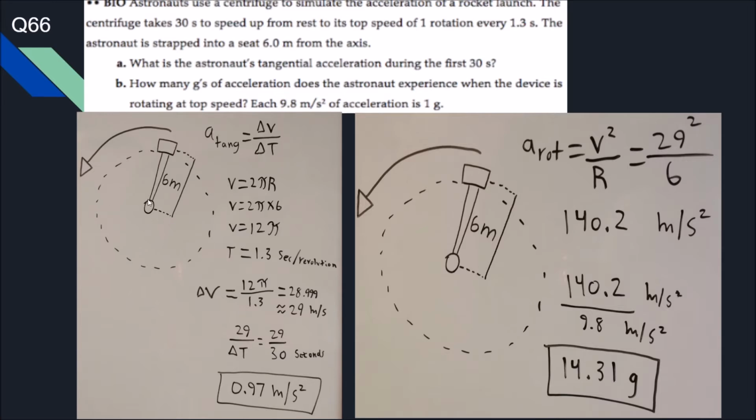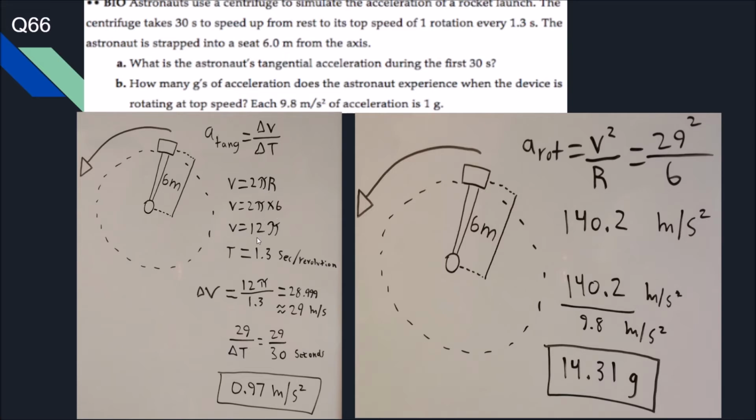So first things first, we'll need to find its velocity. To do that, for our velocity we will use 2 pi radians, because we have to convert one rotation into a certain distance, which in this case will be 2 pi multiplied by its radius to get its circumference, alright?